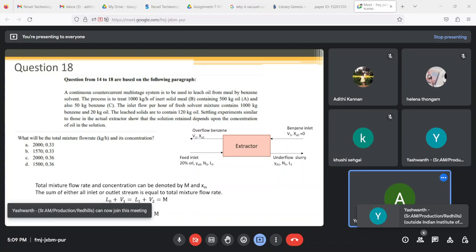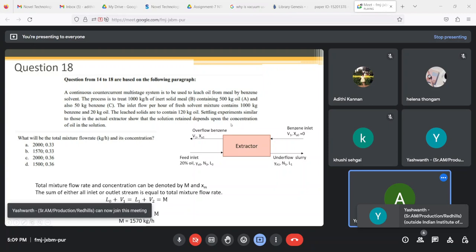Similarly, in case of the solvent stream, A plus C, that is 1000 kgs plus 20 kgs, which is 1020. So M is 1570 kg per hour. Is this clear? Total amount of solution in the inlet, that includes both the streams, will be equal to your M. So we already know what is M, which is 1570 here.